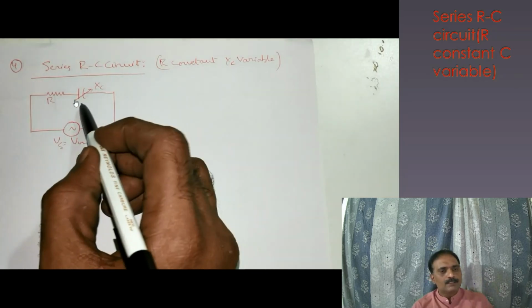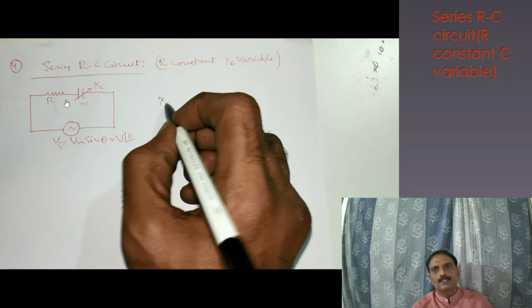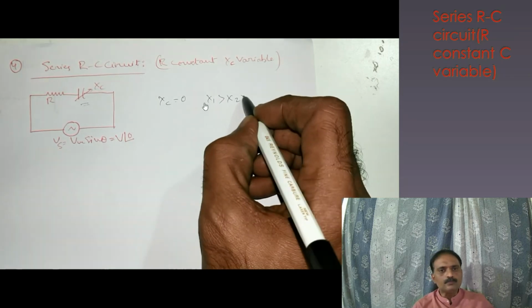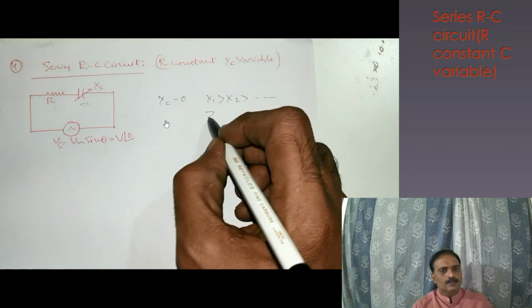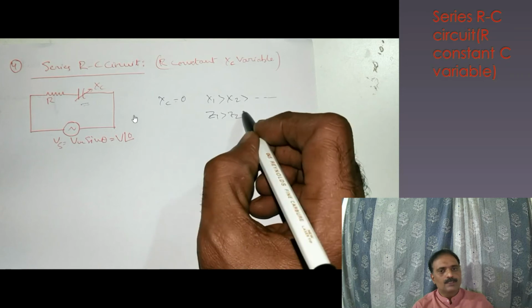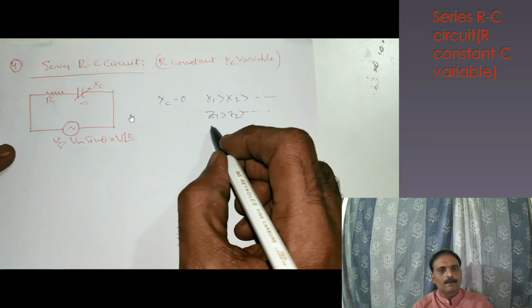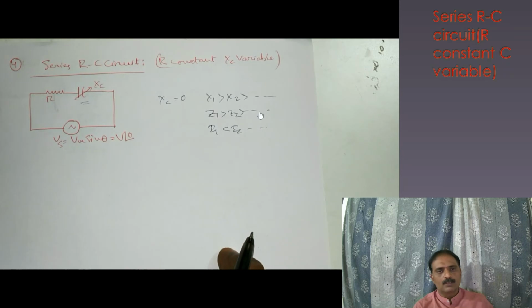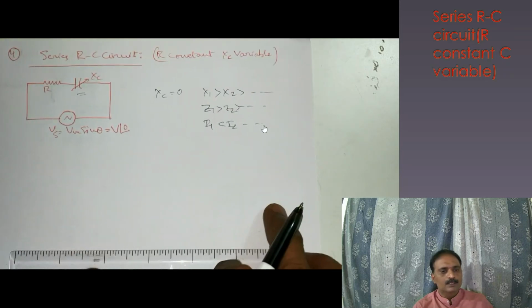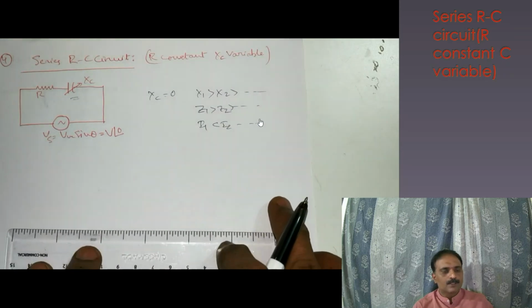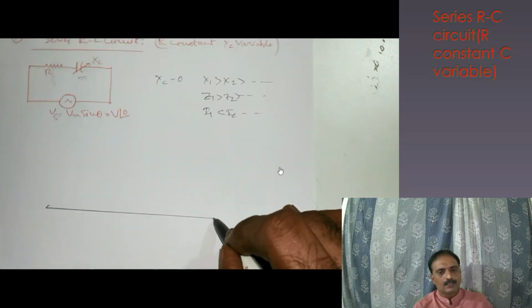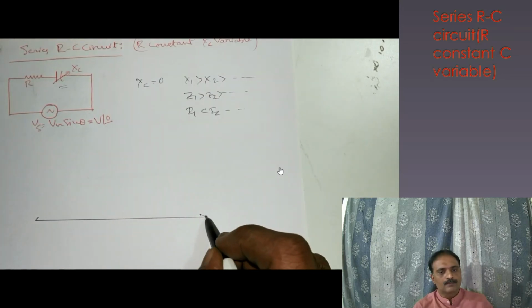So initially when Xc is equal to 0, the circuit behaves like a pure resistive circuit, and the current will be in phase with the supply voltage. So these things are common for any locus diagram. So first I am considering the voltage vector as the reference.